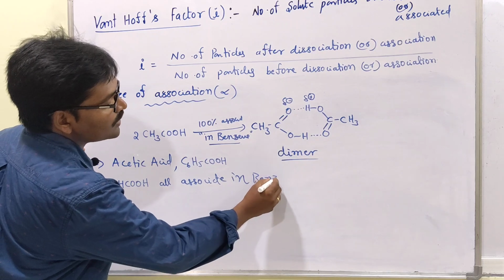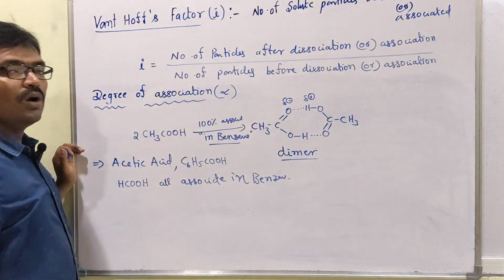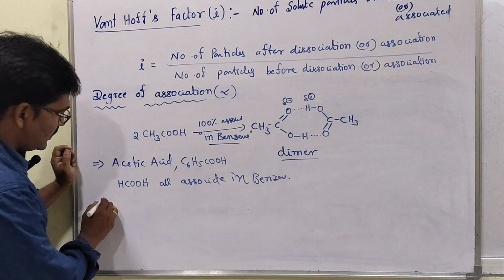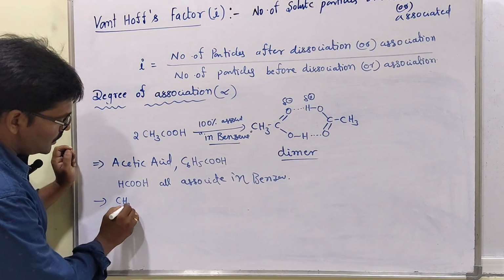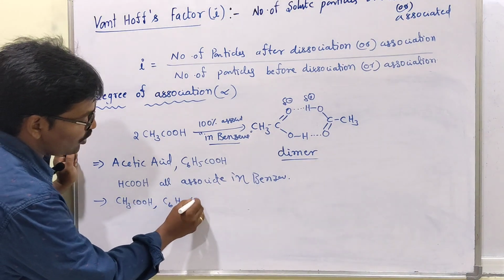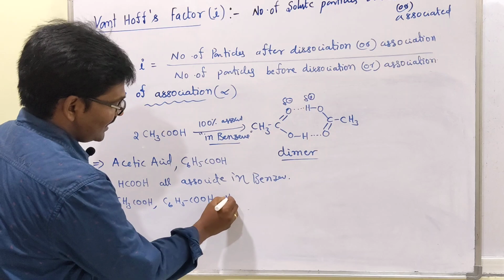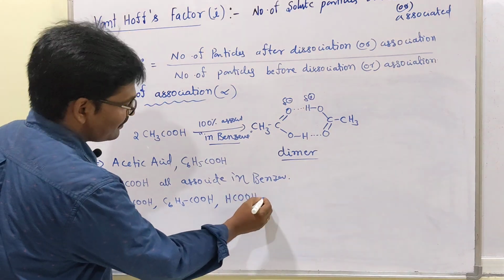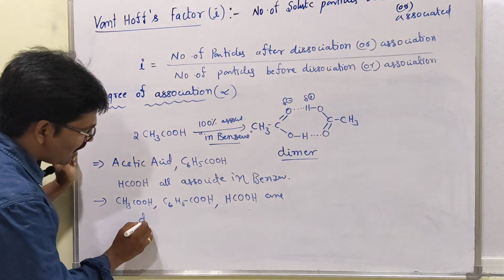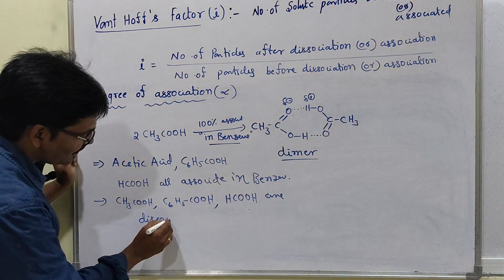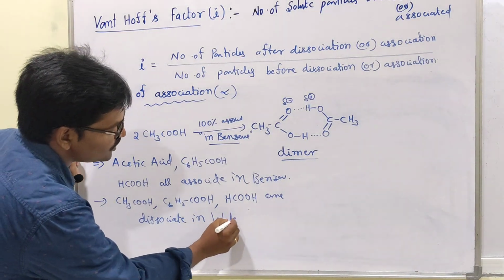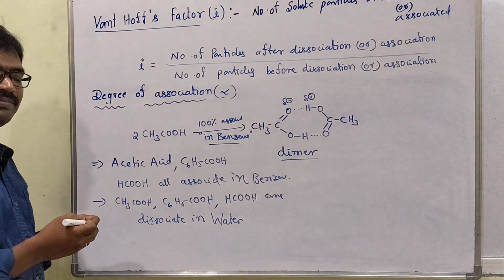When it comes to water, all these, CH3COOH, C6H5COOH, and HCOOH formic acid, dissociate in water. You have to remember this point, my dear students. They will ask a question on it.